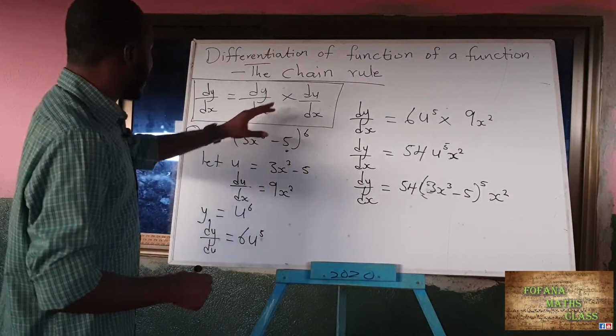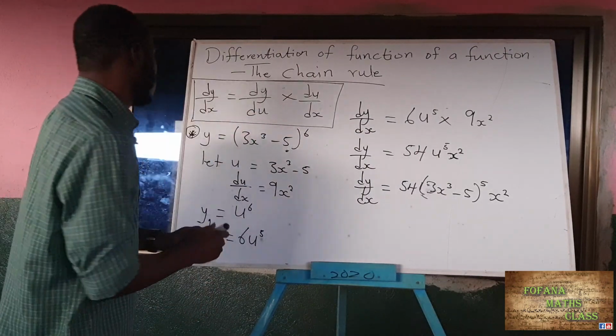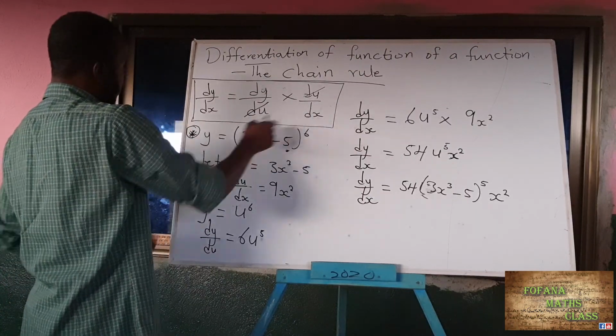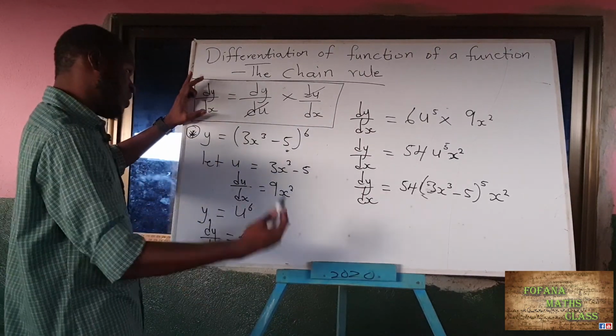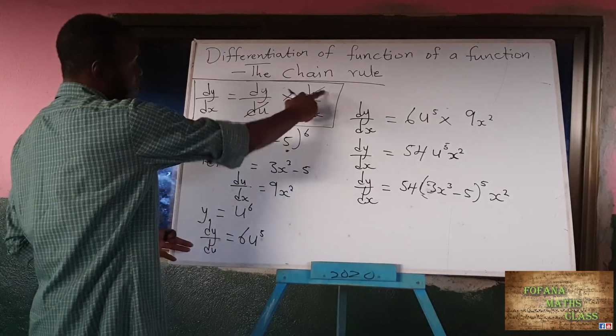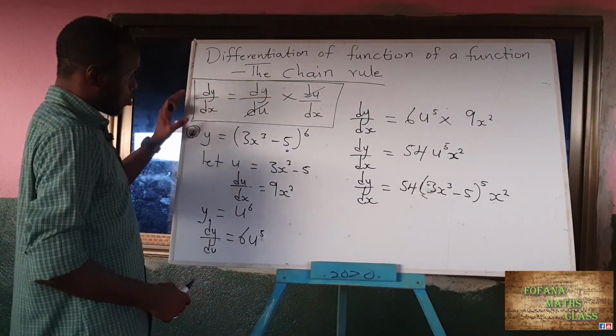Now look at the formula very well. When you look at it, you realize that in the normal sense, if we cancel this and that, you have dy/dx, which is this. It is just a simple way to understand it: if this du cancels this du, you have dy/dx, which will give you the final answer. So what did we do?